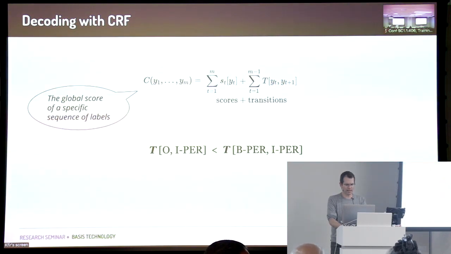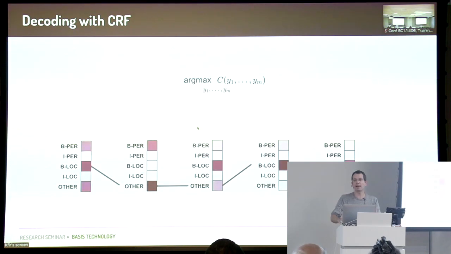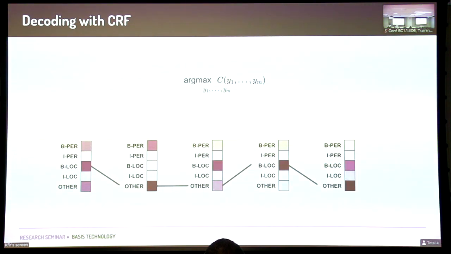Okay, so we get this, and then to decode with this model and find the best sequence, you just do argmax over the set of all possible label sequences. But that's a lot, so don't do it using a brute force algorithm.